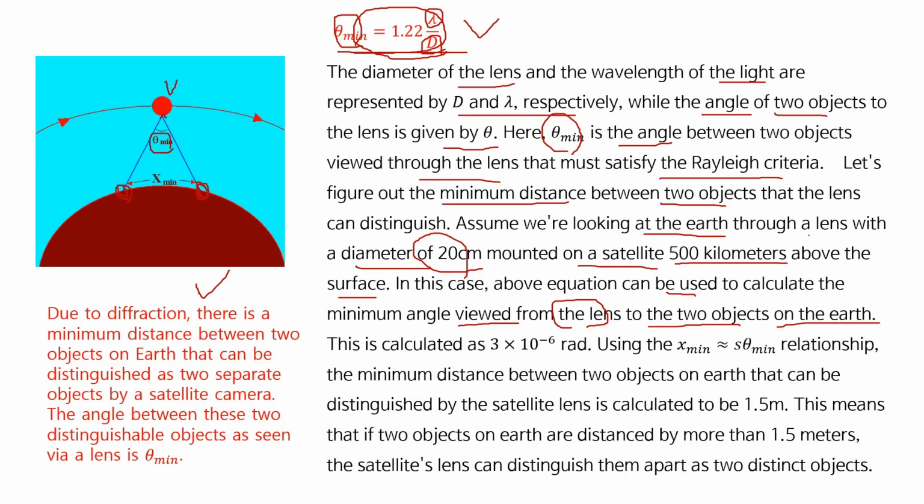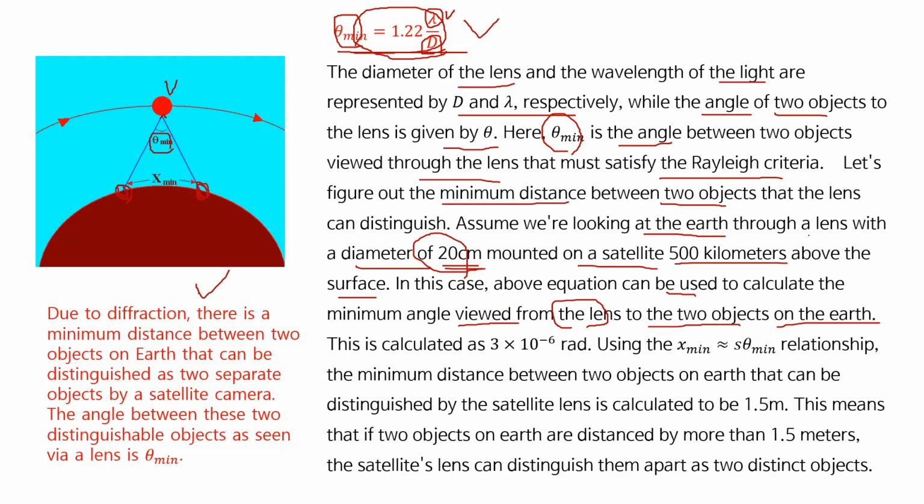We can calculate this theta minimum because we know that d is 20 centimeters, and lambda is the wavelength of visible light.